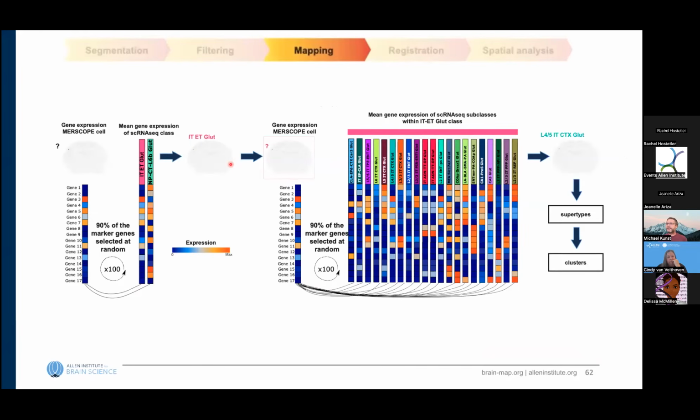The main idea is that first, you take your individual MERSCOPE cell, you have its gene expression profile, and then you compare it to the median expression profile of a cluster.